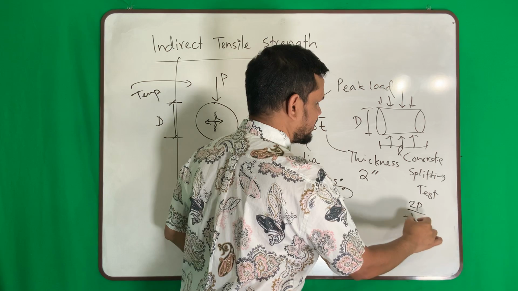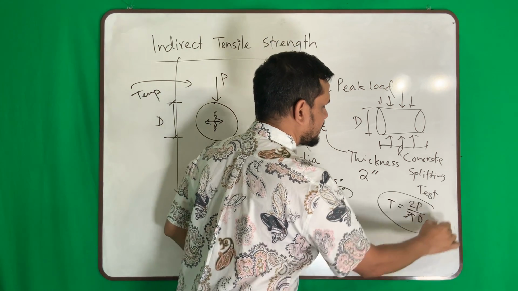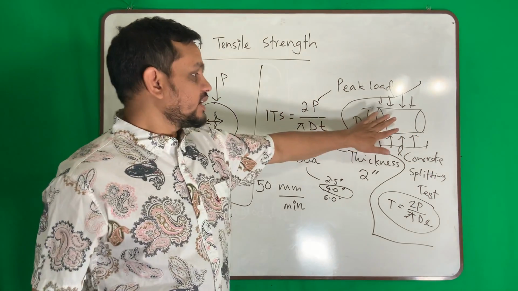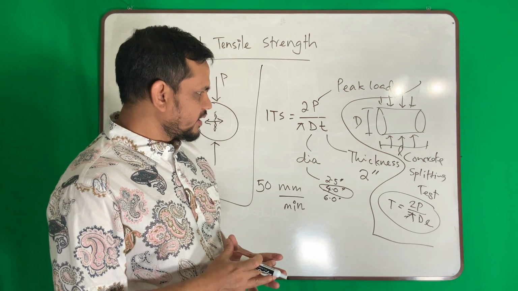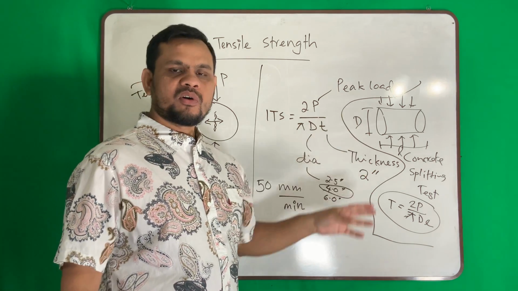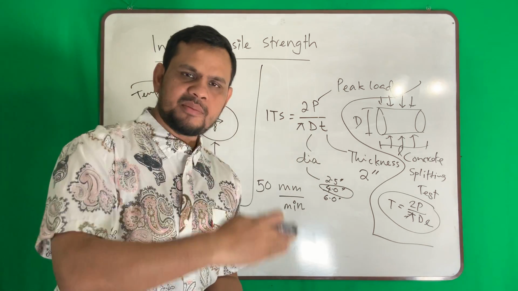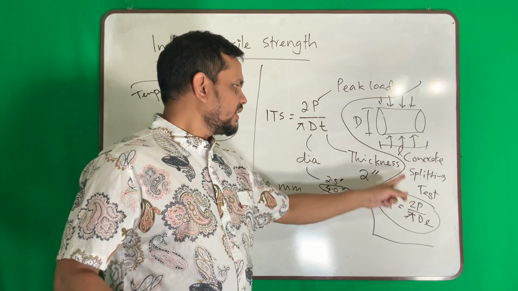So twice P over pi d L, tensile strength. So yes, you saw this test in your concrete class, called the concrete splitting test, where you take a concrete sample and apply diametric load and fail it, take that peak load, divide by pi d L.